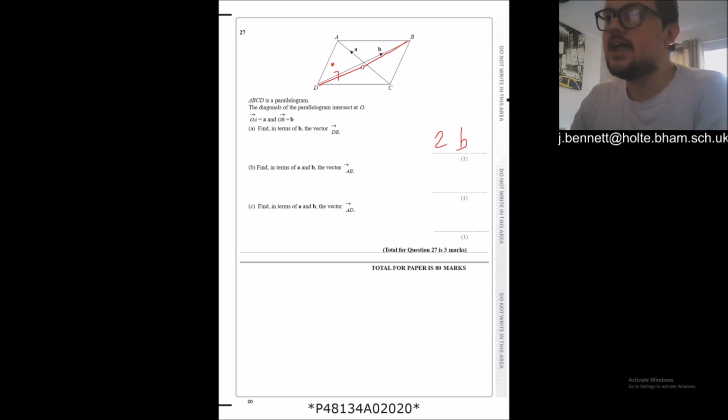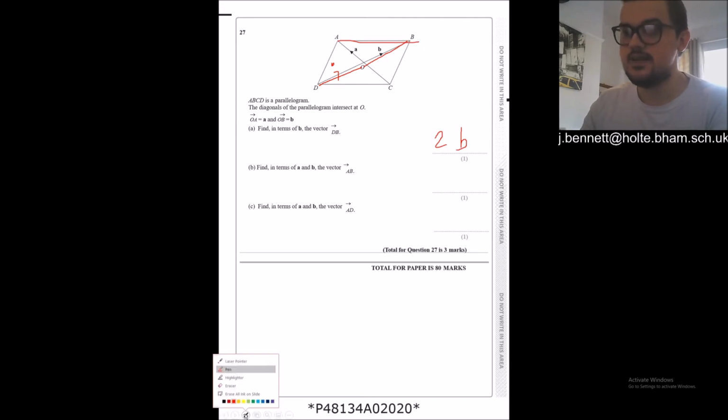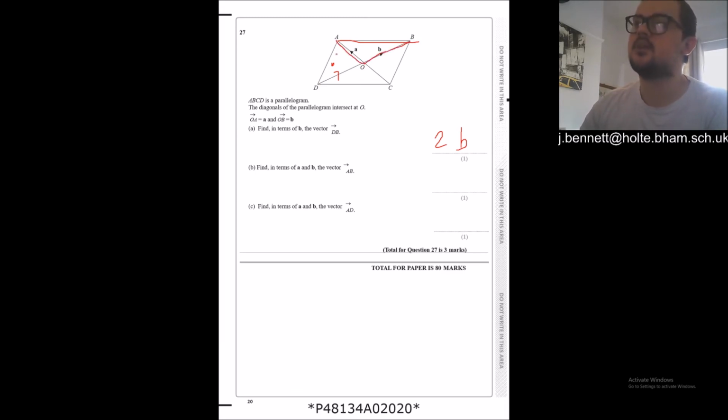Find, in terms of a and b, the vector AB. So we're going from here to there. Let's rub out this here. So we're going from there to there. We don't have a way of expressing that. So we go down to here. We find the shortest route. We go down to here and we go up to there. Vectors have direction.